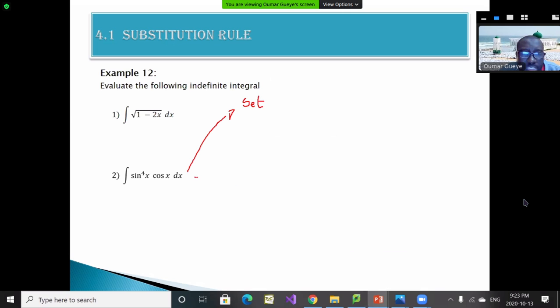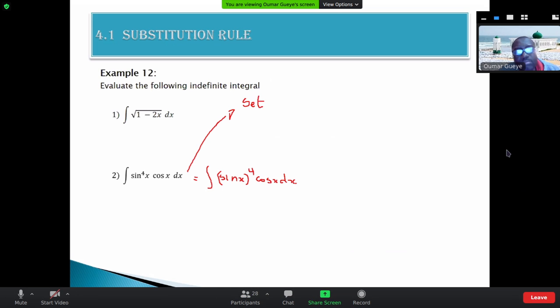Just keep in mind, this is equal to the integral of, we always use this notation, sine x, the whole thing to the power 4, times cosine of x. And you guys can see here, what is the inner function? Sine x, exactly.